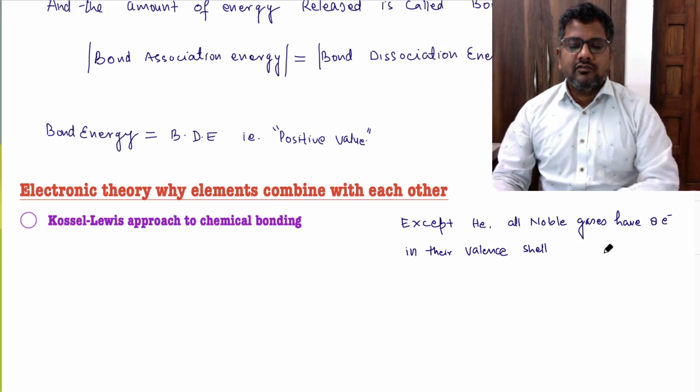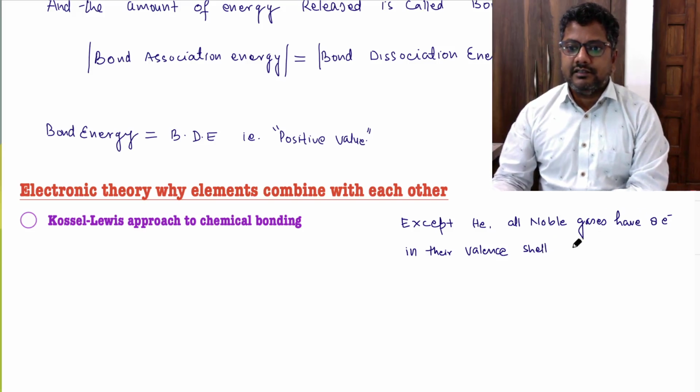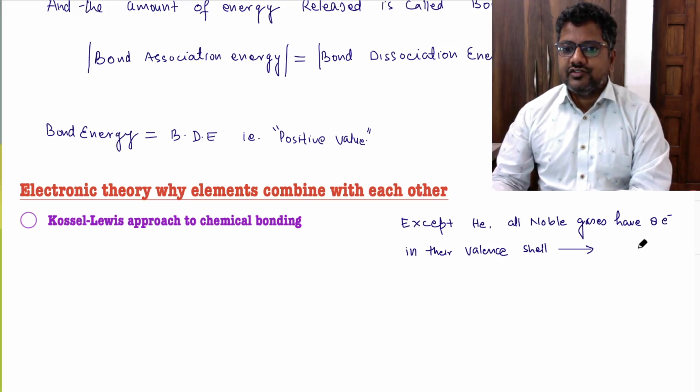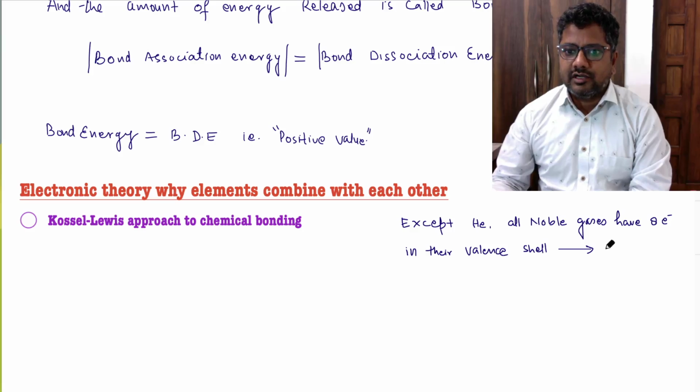And what is the consequence of this? The result is that they do not combine. See, helium has only 2 electrons.